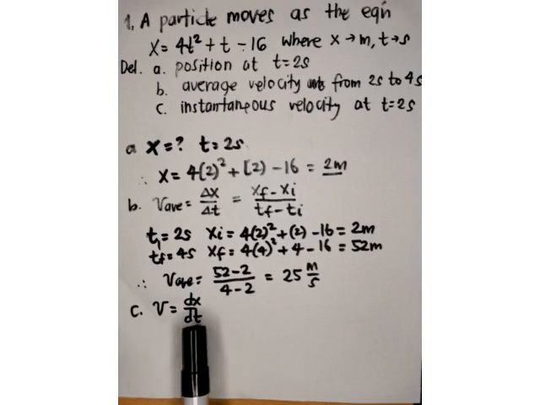If I'll ask you, what is the derivative of our equation? Can anyone tell me what is the derivative of 4t squared plus t minus 16?